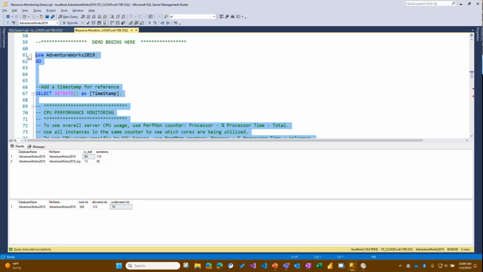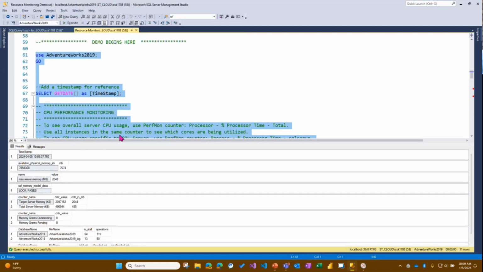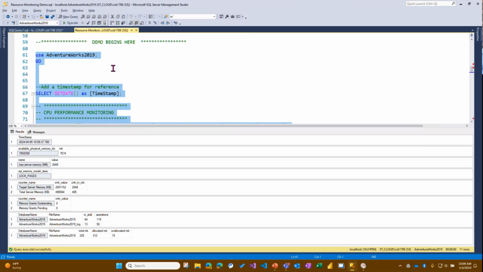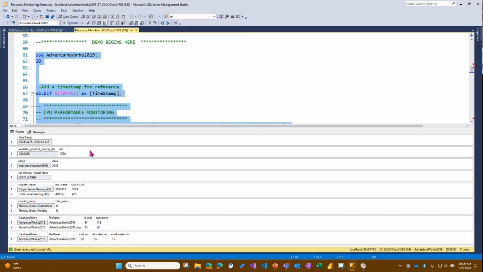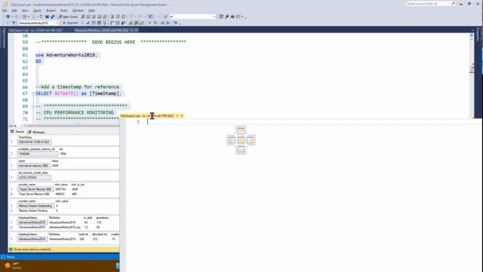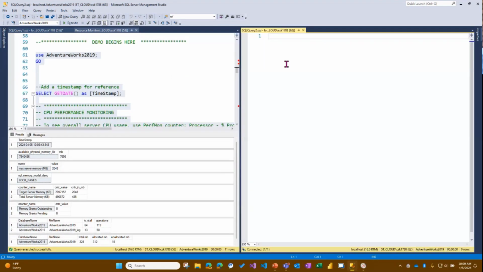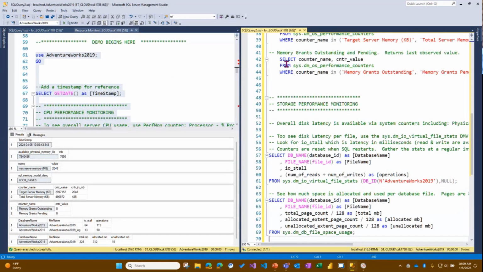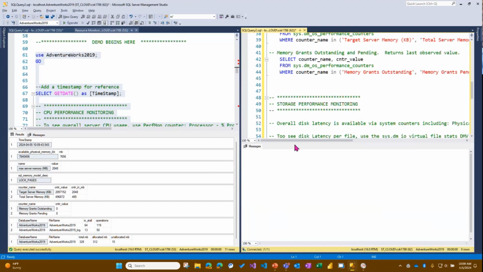We'll get a copy of it. And on this side of the screen, I'm going to expand it a little bit. This side of the screen will have our before numbers. And if my mouse cooperates, we'll run it again over here. This will end up being our after numbers so we can compare them.